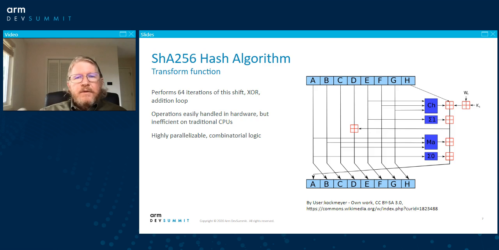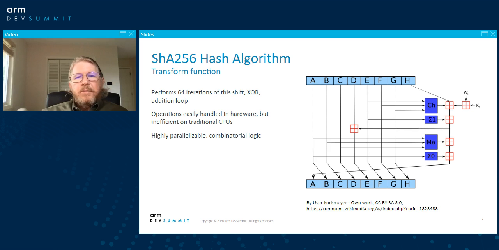So this diagram gives us some hint as to how the transform works. The transform is basically going to be taking our A through H, those are 32-bit values, and those 32 bits are then run through a shift operation where each one is shifted over by 32 bits.